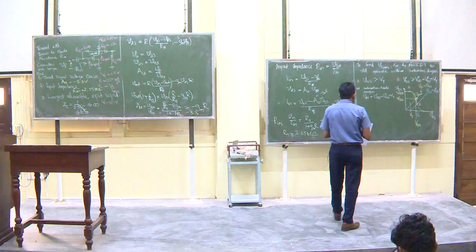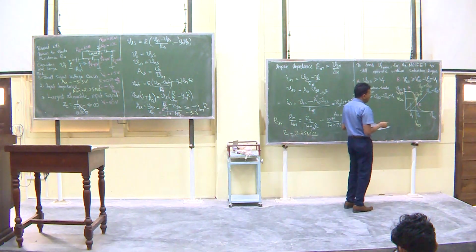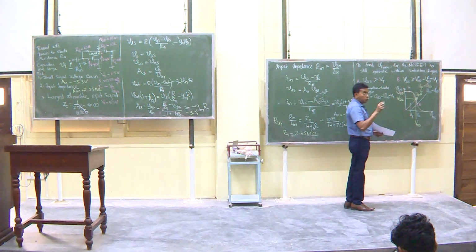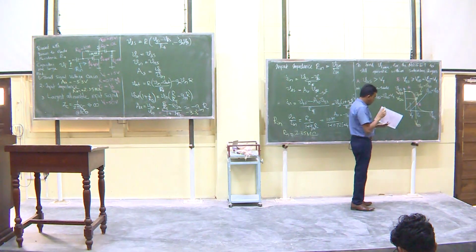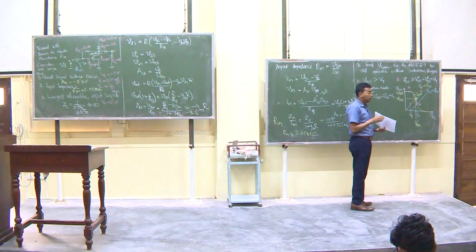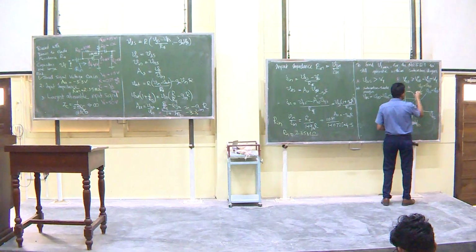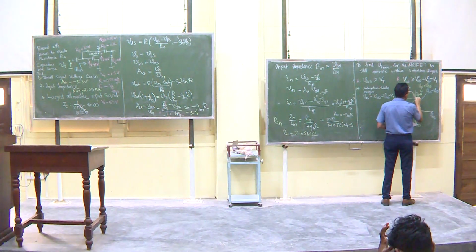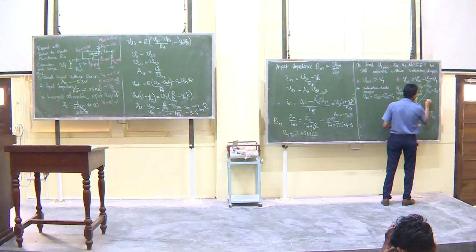Now, when I input a signal, what are my small signal VDS and VGS? My small signal values are here.